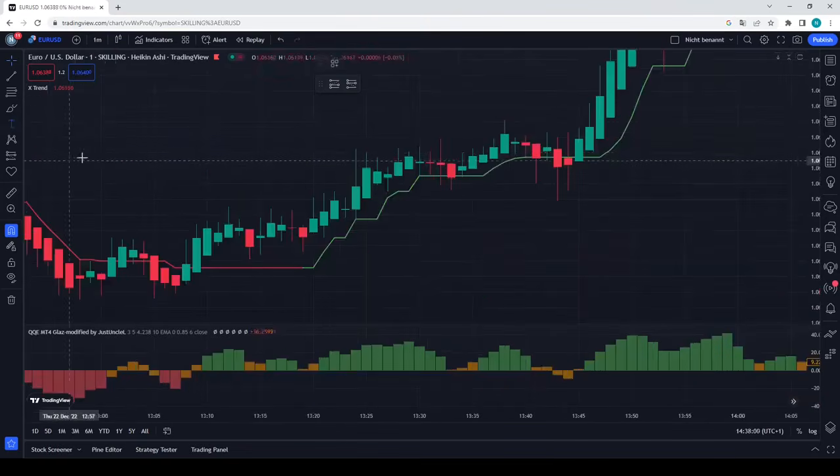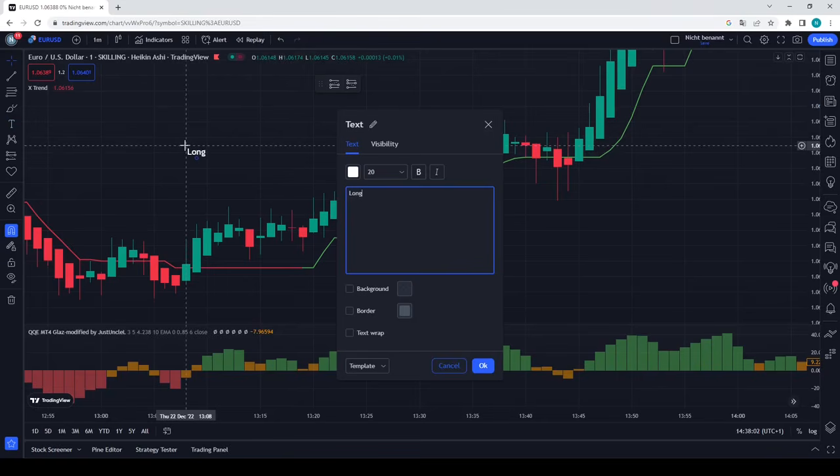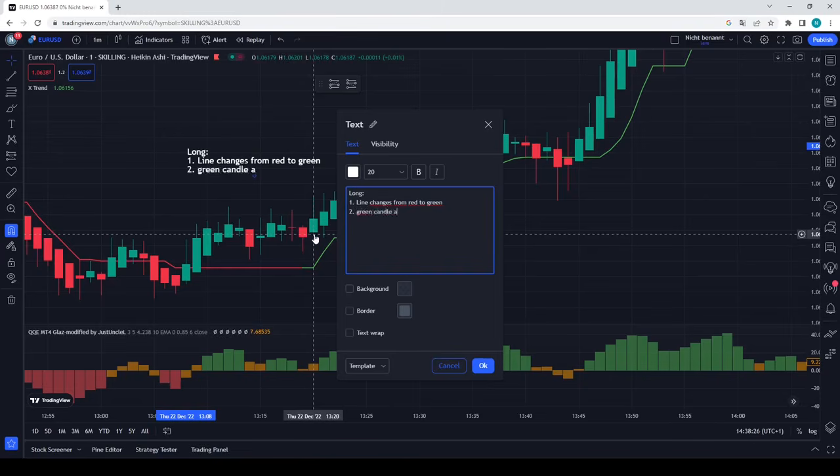For a long trade, we need the following setup. First, we want the line to change from red to green. Second, the following candle has to be a green candle, so a green candle after the line color change.